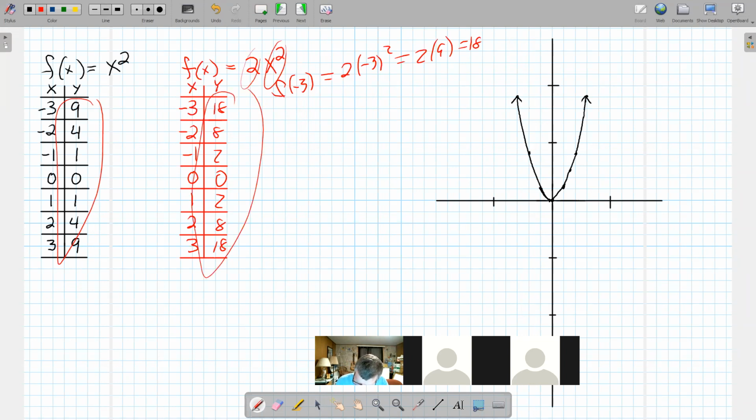So what does that look like? Let's see, -3, 18, that's way off the graph. -2, 8 is right here. -1, 2, 0, 0, 1, 2, 2, 8. So what does this look like?